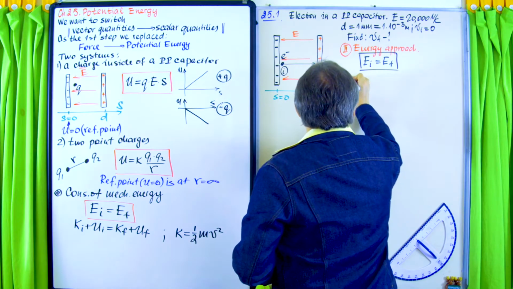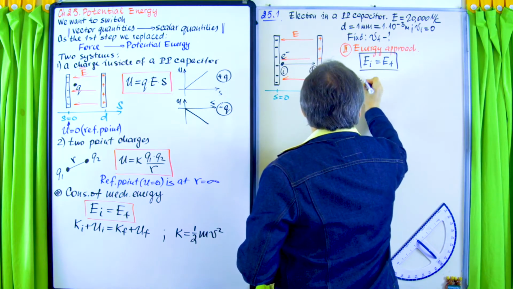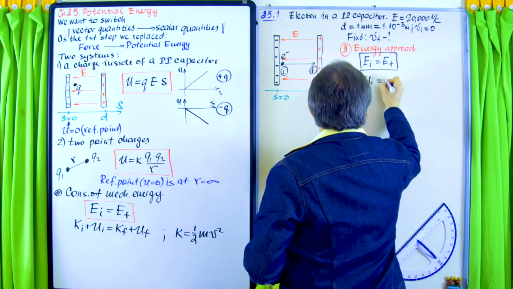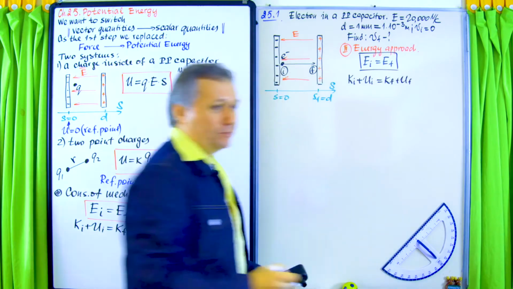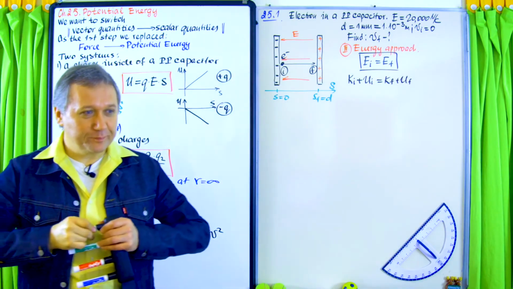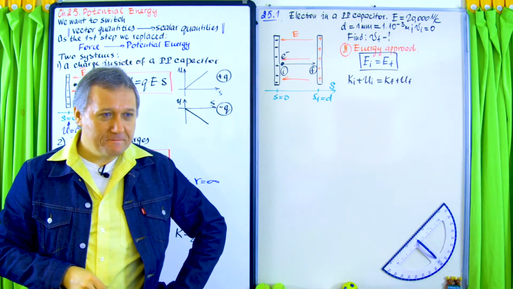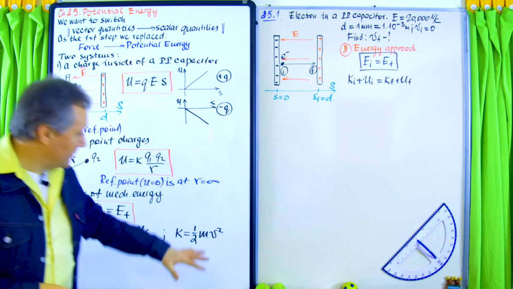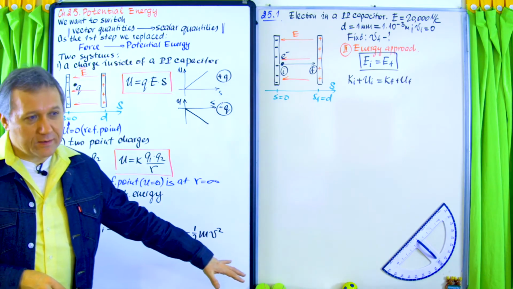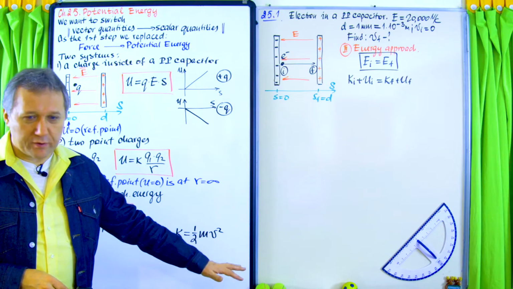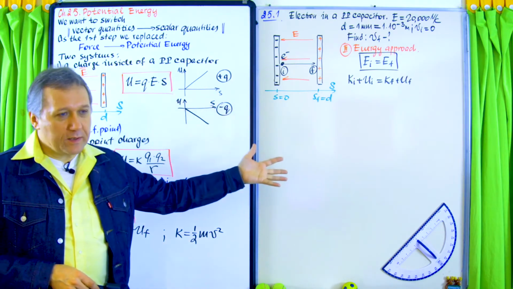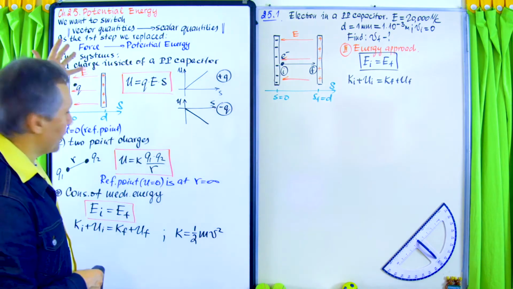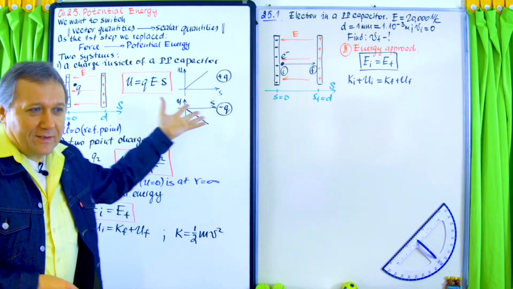So let me write now explicitly: kinetic energy plus potential energy at the initial point equals kinetic plus potential energy at the final point. Guys, be careful which formula to use for potential energy, because on the final exam, when I give a problem like this, some students just grab whatever formula is closer and use it.